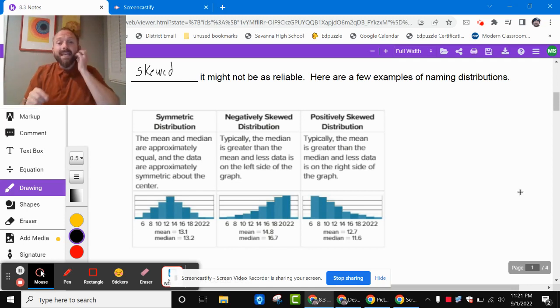Now, when we have negative skew, that's when the median is greater than the mean, and less of the data is on the left side. Positively skewed is going to be when less data is on the right side, and this is when the mean is greater than the median. Just think of it like this. Here's the question.